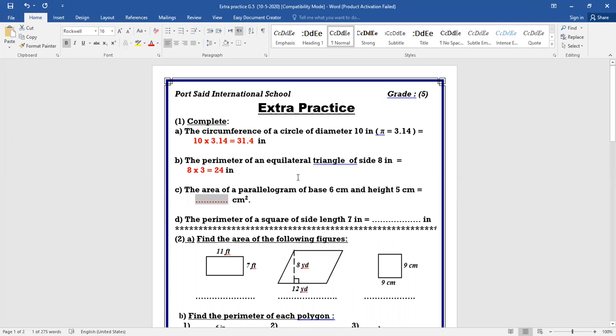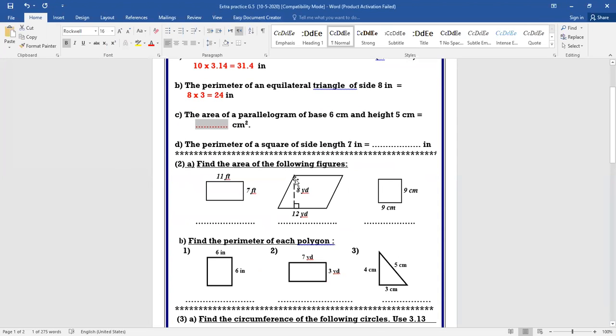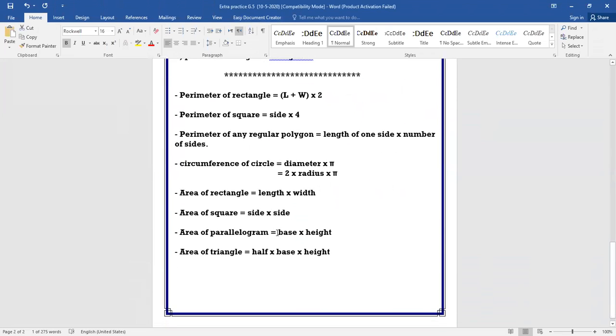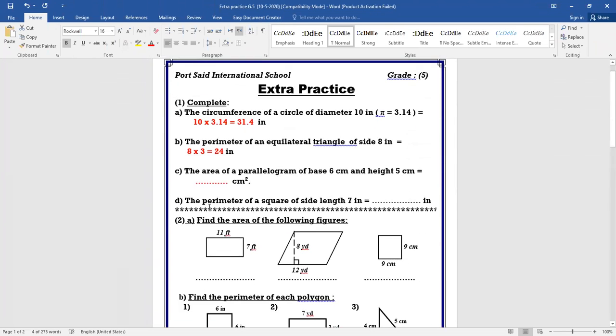Here we said it will be base multiply height, so 6 multiply 5 equals 30 square centimeters. Thank you.